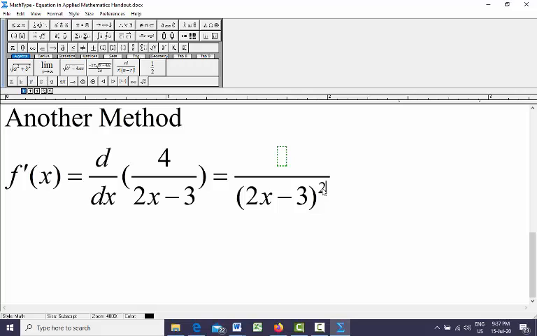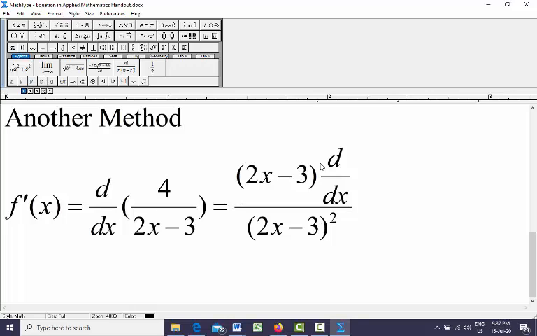Then we put a bracket, and whatever you have in the denominator, 2x minus 3, we write the same thing in the numerator also, and then we will write d by dx.